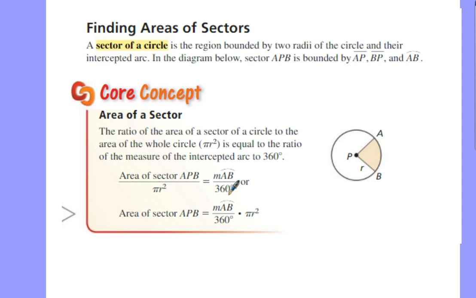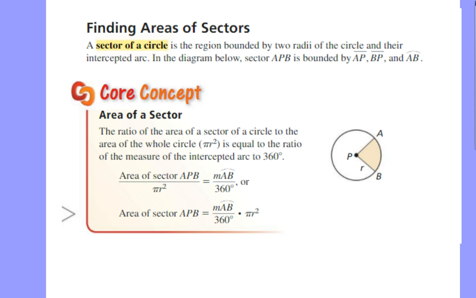This should look familiar. Hopefully you're realizing that this is extremely similar to what we did for the length of the arc. And so this is a very, very similar concept. You can think of it as a proportion, or you can think of it as just a simple formula for area of a sector.